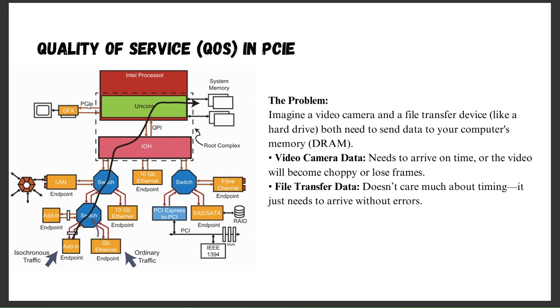What are the benefits of having QoS? First, prioritization, which ensures critical data gets delivered on time. Next, efficiency. It allows less urgent data to be handled without interfering with time sensitive tasks. Next, reliability. It can guarantee a specific performance level for critical operations.